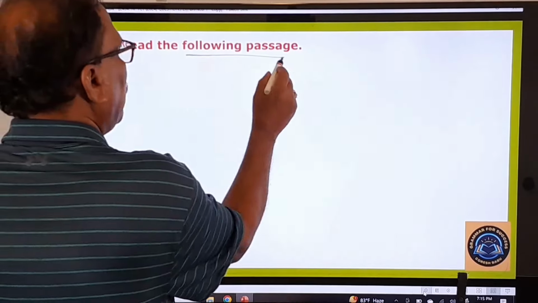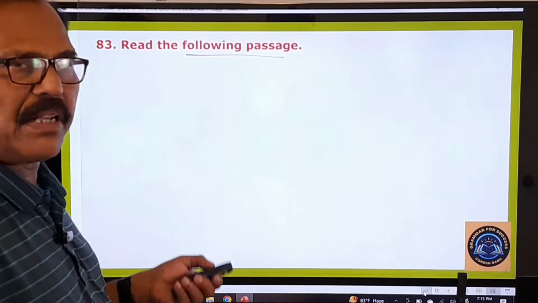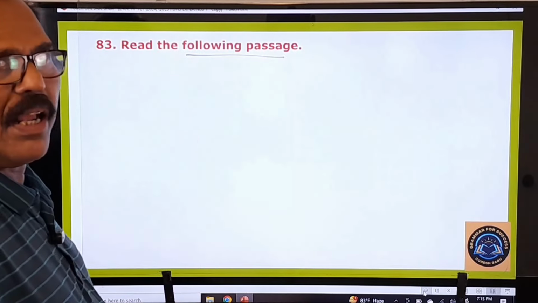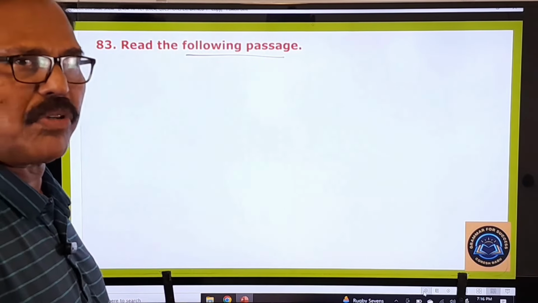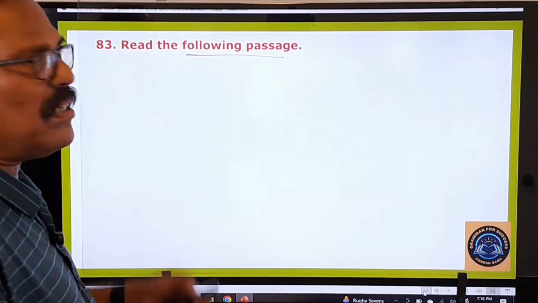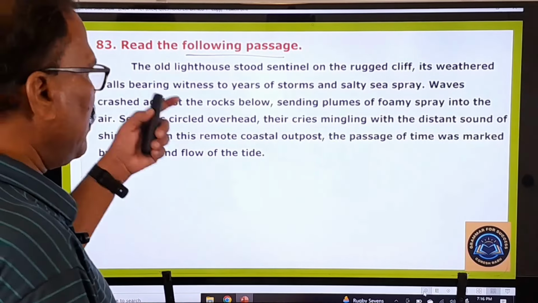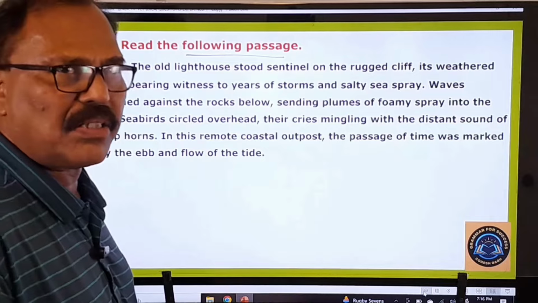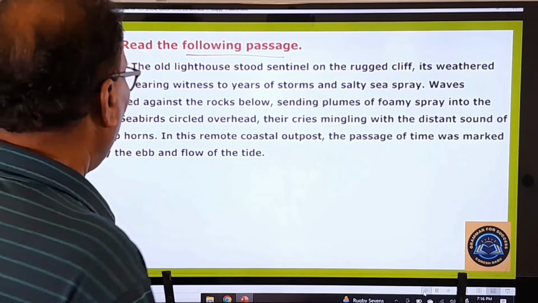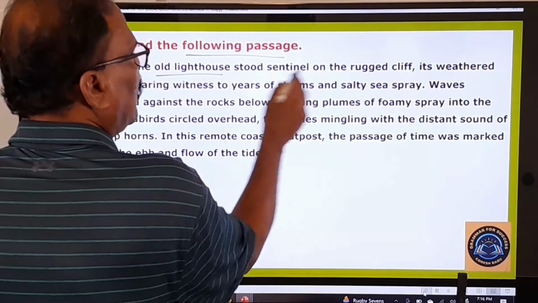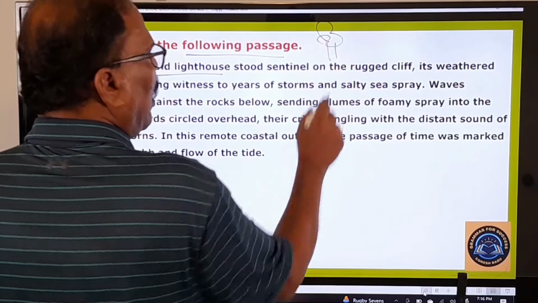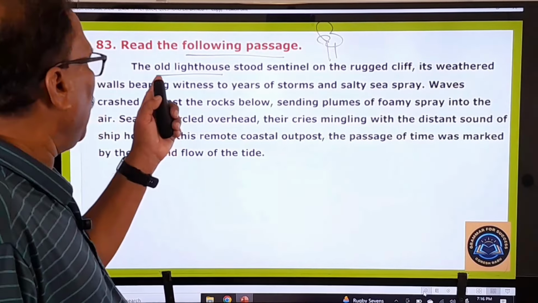Read the following passage. Here is given a small passage. You have to read it and answer the two questions that are based on this passage. I'll read this passage for you, and you please listen to me, and afterwards let us answer the ensuing two questions. The old lighthouse means it will be a big tower, and Vizag people know what a lighthouse is.